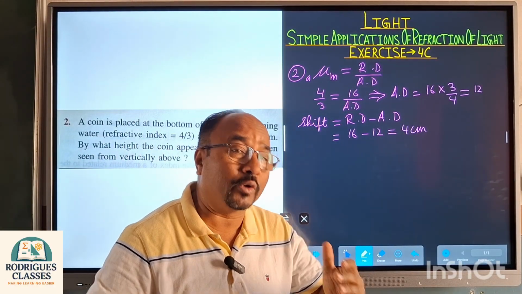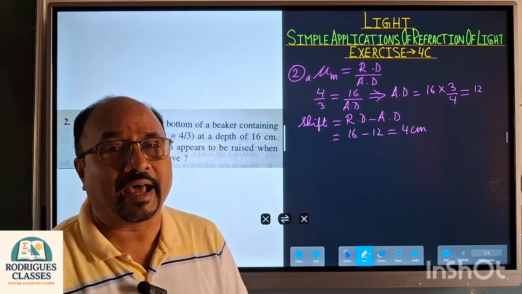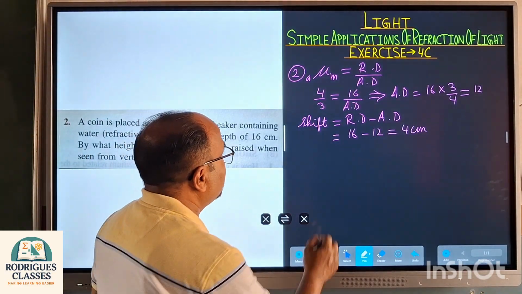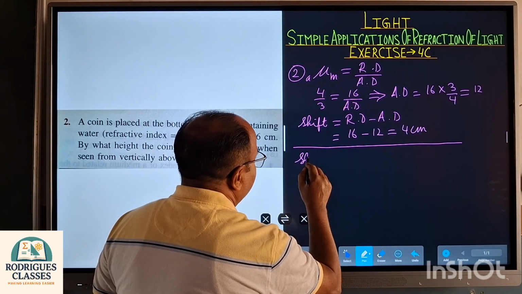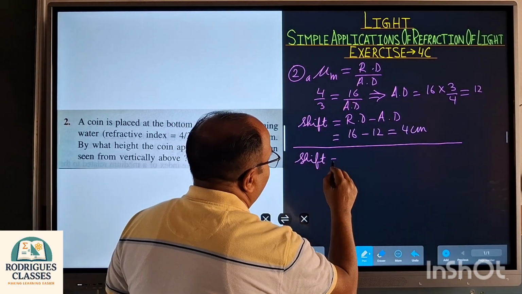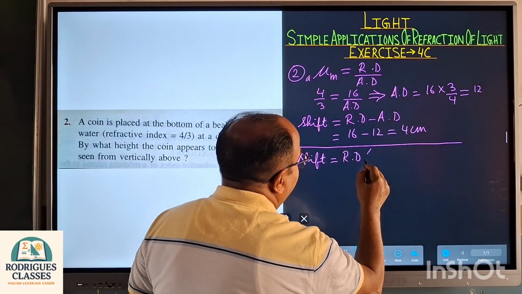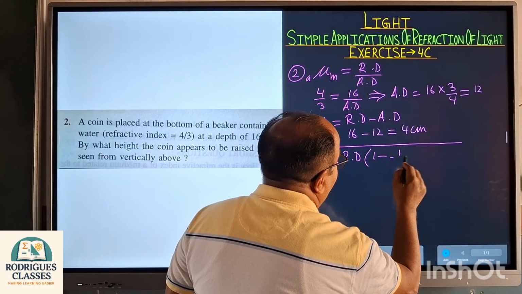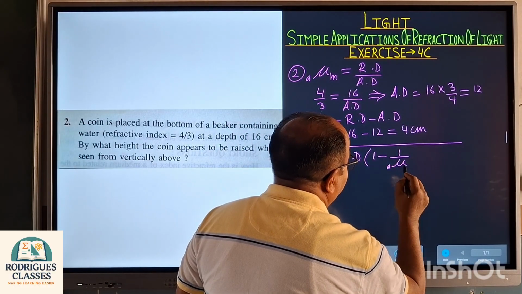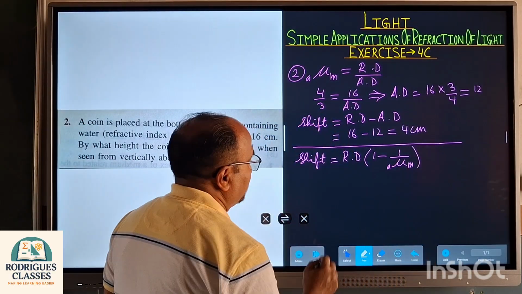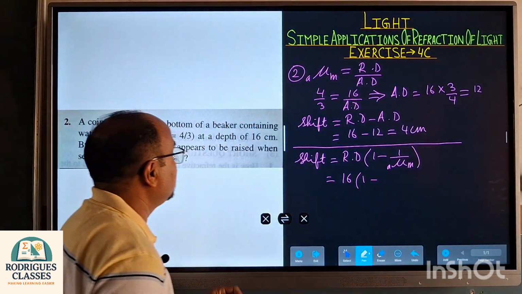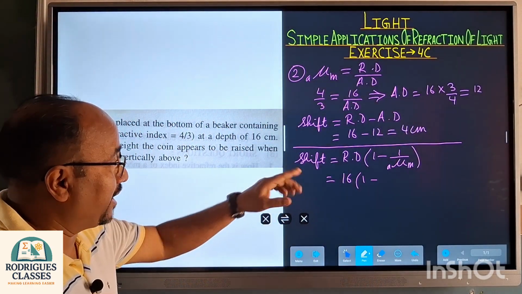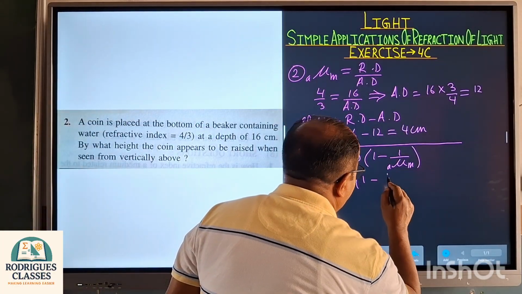But I can do it in the other way also, where we know the direct formula of shift. So another way of working out the same sum, shift is equal to, you know, it is real depth in the bracket 1 minus 1 by refractive index of the medium. So this is 16, 1 minus refractive index is 4 by 3, it is there in the denominator.